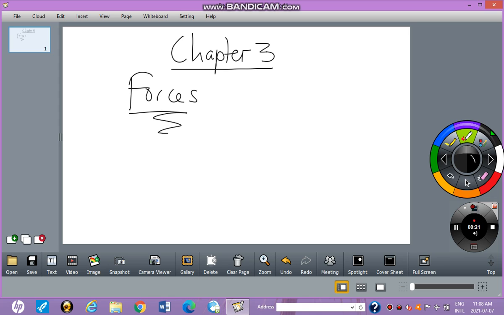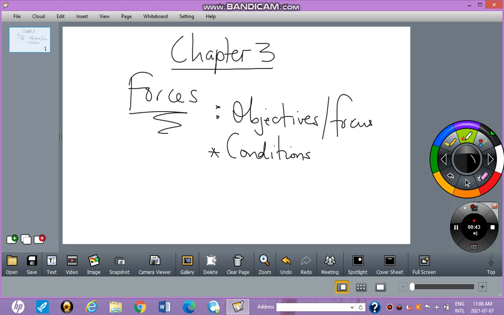So our very first objectives of the lesson for today, or the focus, what we are going to focus on for today, we are going to look at the conditions of equilibrium that was actually discussed already in chapter 2, and we'll also look at the definitions of terms.